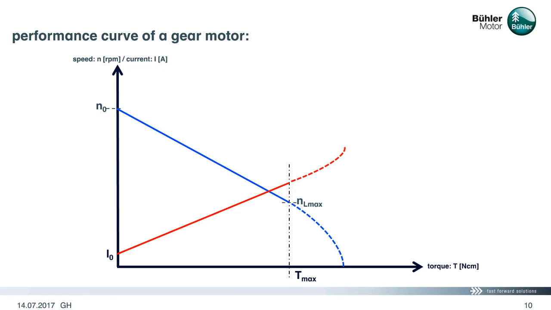Speed at maximum torque N sub L max and current at maximum torque I sub L max are shown here. An operating point for the gear motor T sub L must be within the linear area of the performance curve with the limit condition T sub L is less than or equal to Tmax.